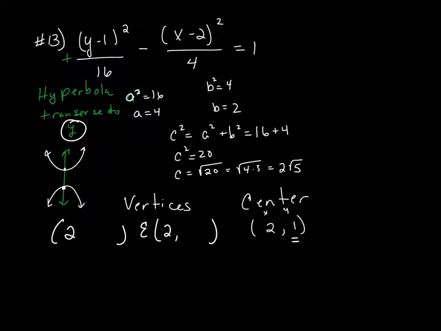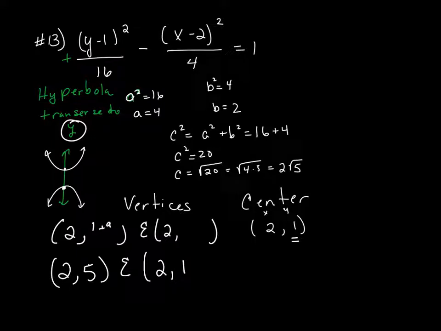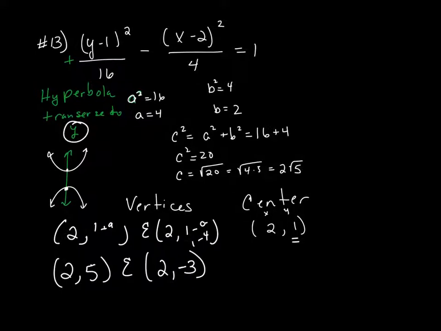So my y value is just that 1 plus the number underneath it, so that's going to be 1 plus a, or 1 plus 4, which gives me 5. For my second vertex, it's going to be the same thing. It's just going to be 1 minus that a value, or 1 minus 4, which gives me a negative 3.